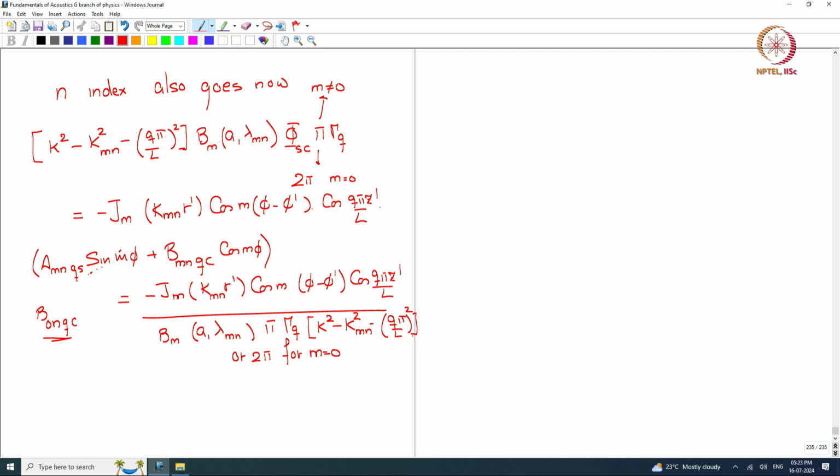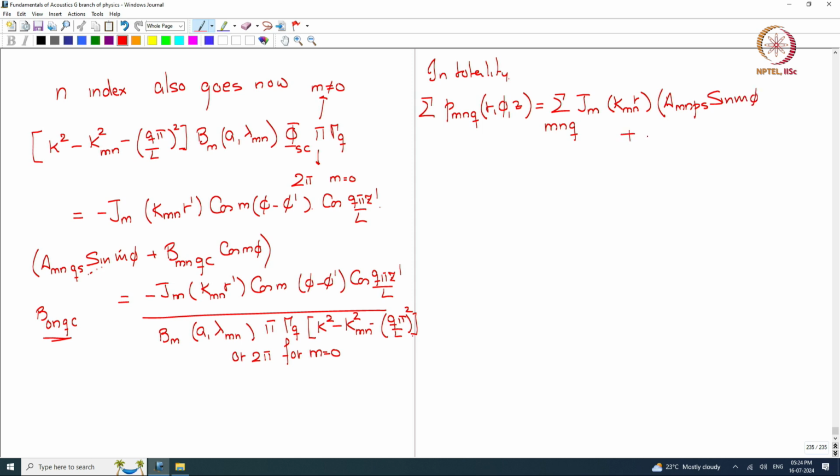In totality, the summation over p_mnq(r, φ, z), time is separated now, is a summation over m, n, q, with m going from 0, J_m(k_mn r), then (A_mnq^s sin mφ + A_mnq^c cos mφ) cos(qπz/L).